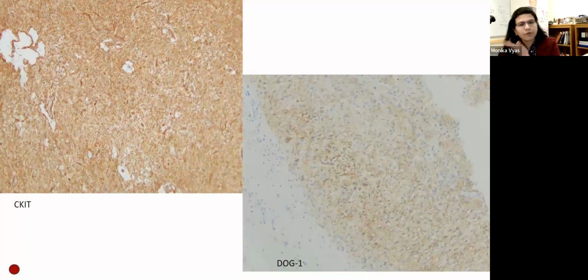With this morphology, again, as Matt mentioned for cytology, the differentials would be a gastrointestinal stromal tumor, a schwannoma, or a leiomyoma. So we did stains in this case, which show very strong diffuse positivity for c-KIT. DOG1 was positive as well, though it was weaker than we usually like to see.